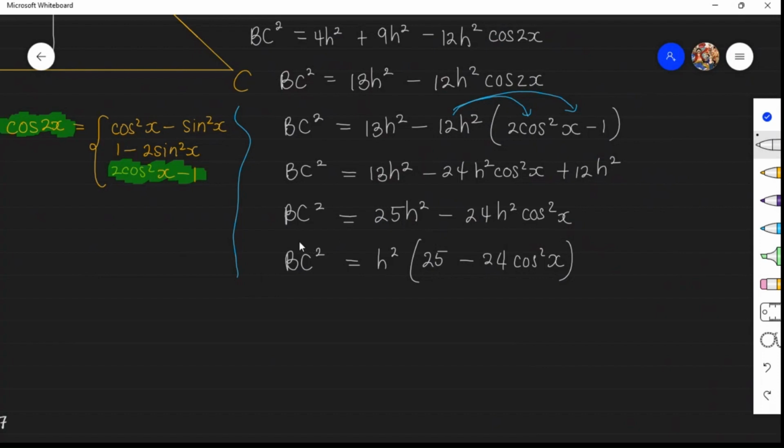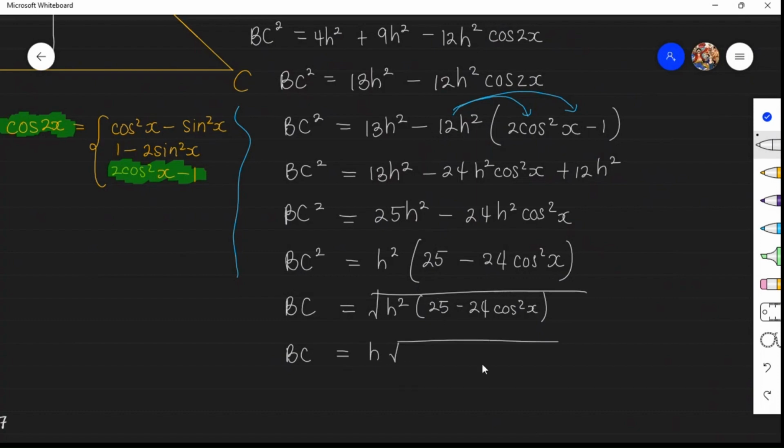So we're going to square root the whole of the right and the whole of the left. That is going to give us BC equals the square root of h squared into 25 minus 24 cos squared x. From there, we can simplify that. So we know the square root of h squared is just going to be h, and we cannot square root what's in the bracket, so the square root will remain for that part.